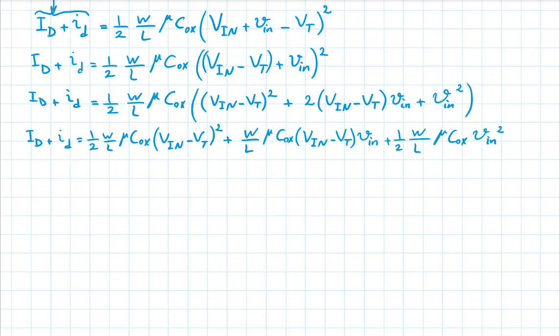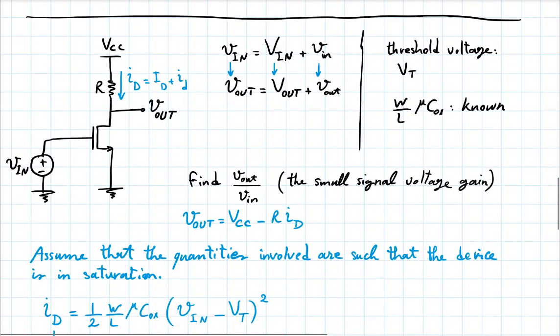Let's say the bias component. We don't want necessarily to separate DC and AC, but let's say the bias point, the large part that you're not changing, right? That's the consequence of the large part of the input voltage.